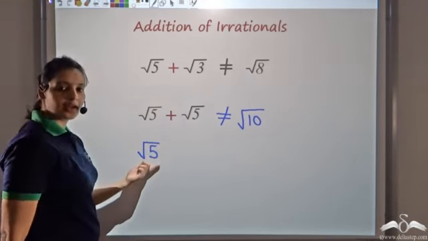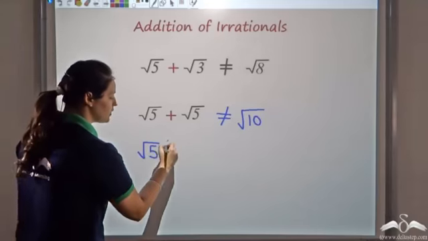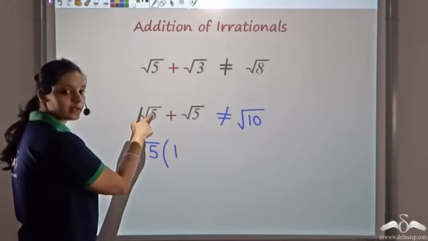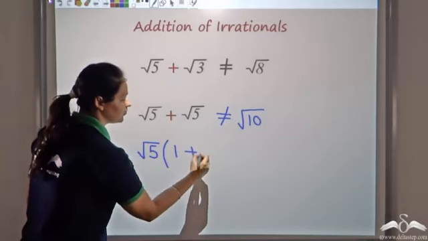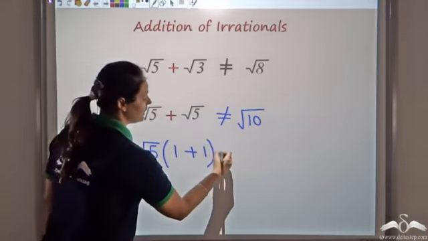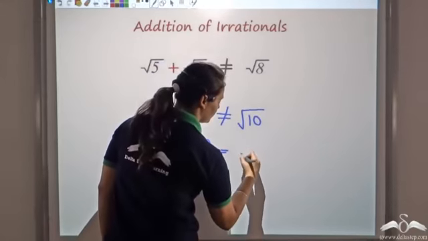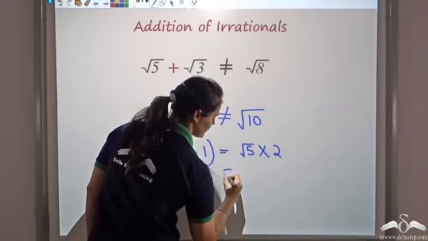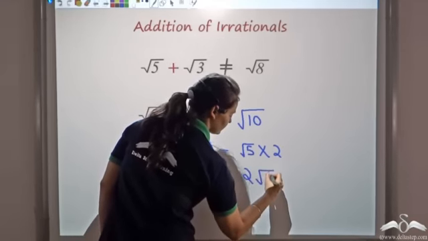If I take under root 5 common from both the terms, what I'll be left with is 1. 1 times under root 5 gives me under root 5, plus 1 again. So this gives me under root 5 times 2, which is the same as saying 2 under root 5.